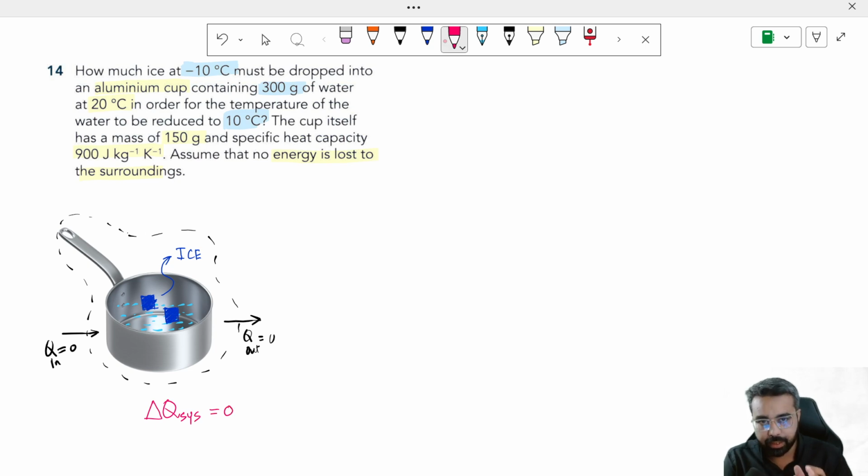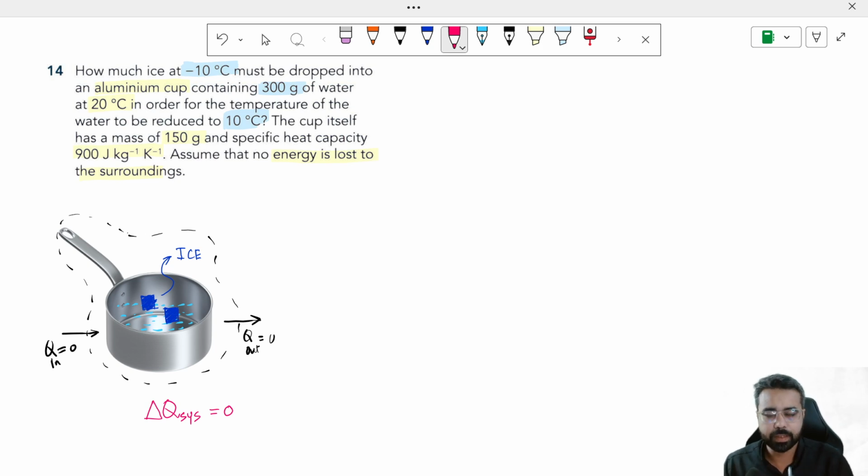So perfectly, all the heat energy, thermal energy, is transferred inside the system from the cup and water to ice. So basically, ice has gained heat energy, and the cup and the water have lost the same amount of heat energy.